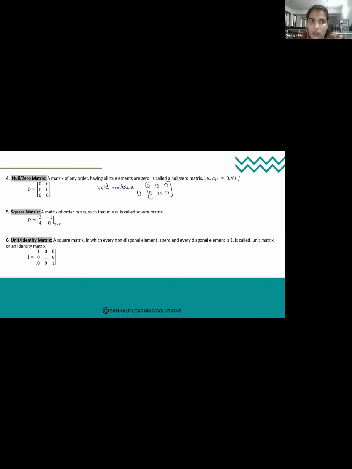We usually denote a null matrix by capital O, with the order of the matrix in the particular case. 2 rows, 3 columns, hence the order of the matrix is 2 by 3. Each and every entry is 0. That's why it is known as null matrix, void matrix, or zero matrix.